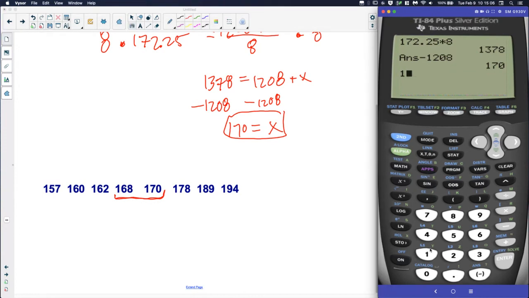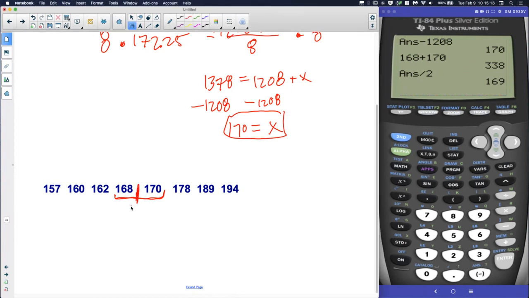So then 168 plus 170 divided by 2, 169, correct. Which, I have to throw her bonus points again. So 169 goes here. That's my median, or my Q2.